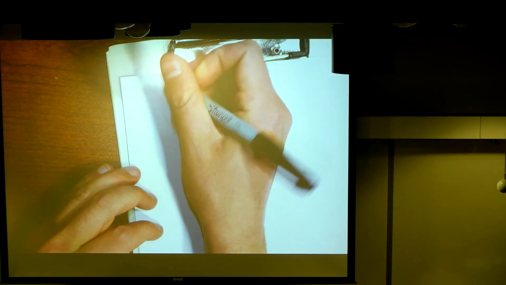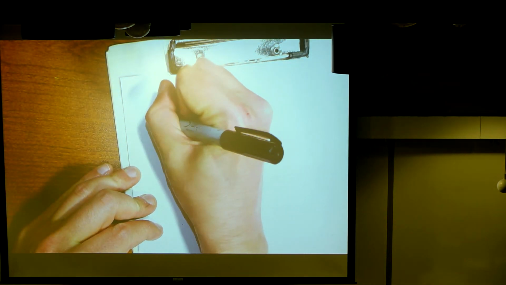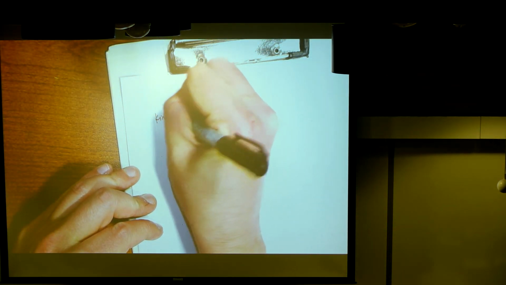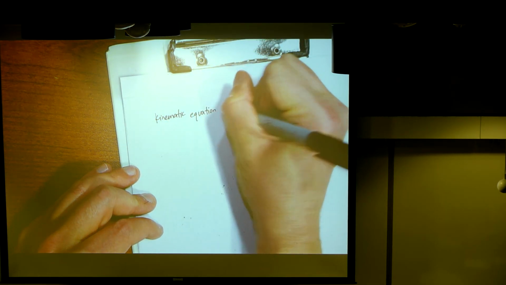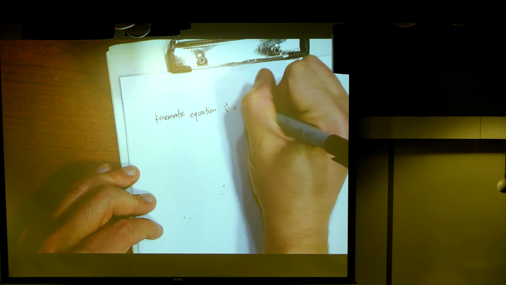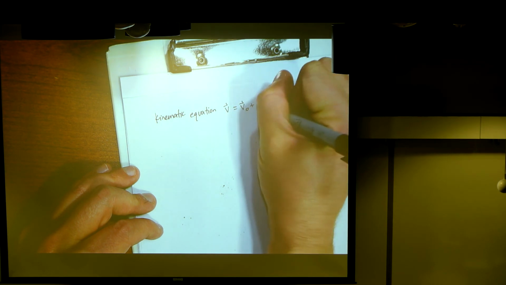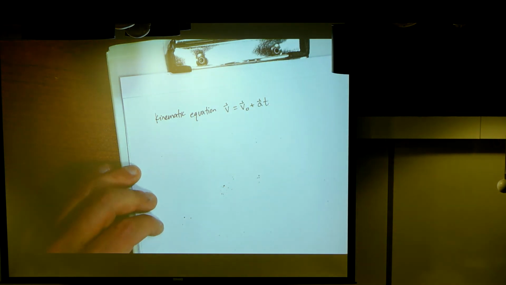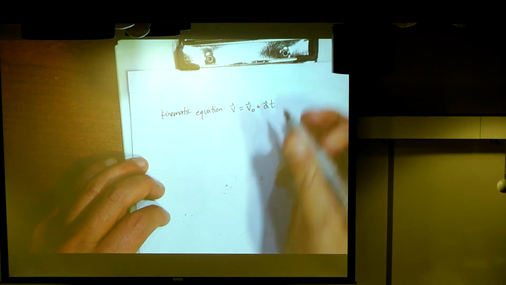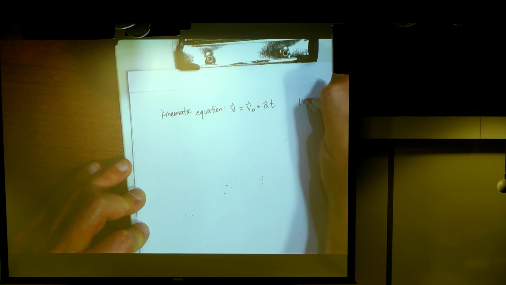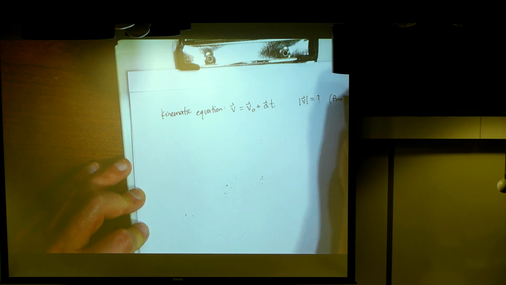So I should be thinking that I want a new kinematic equation, and that will be v final velocity equals v naught plus at. And what I really want to know is the magnitude of my final velocity. That's what we call our final speed.